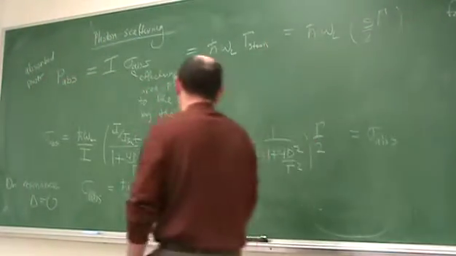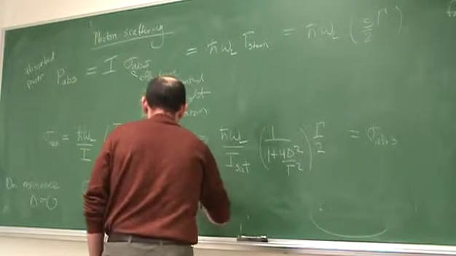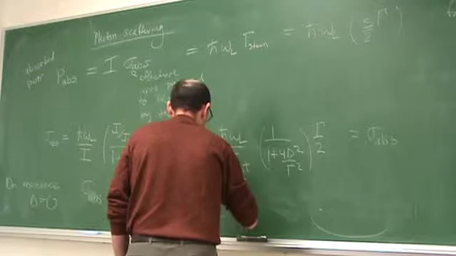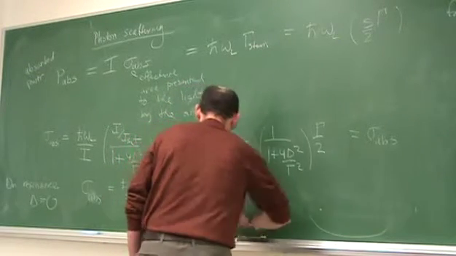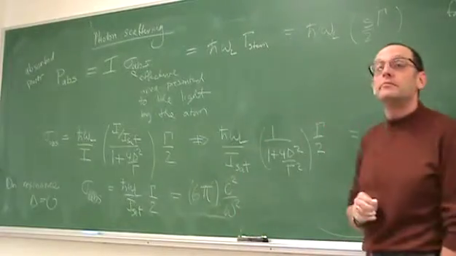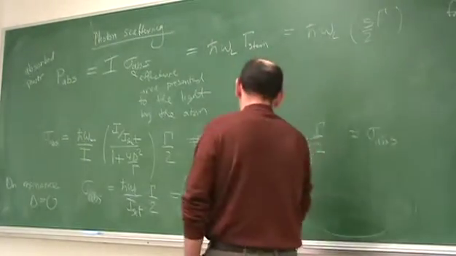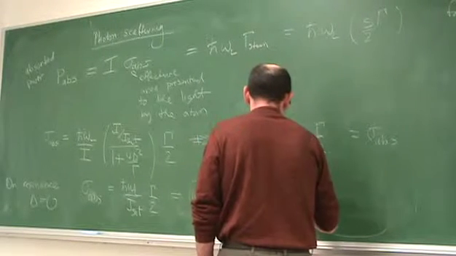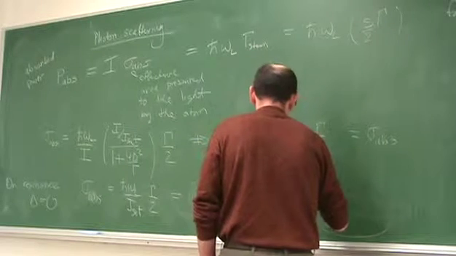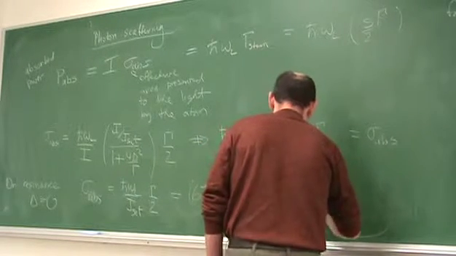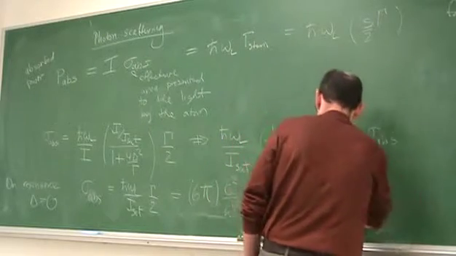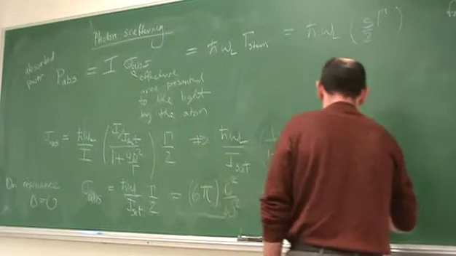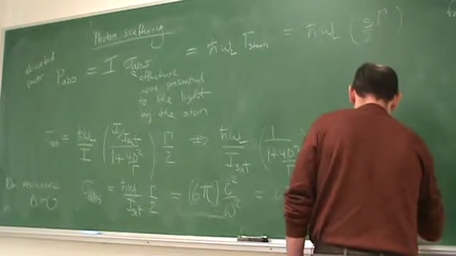Plugging that in, and what do we get? What we get is 6 pi c squared over omega squared, which is equal to 6 pi times lambda over 2 pi squared, which is 3 lambda squared over 2 pi.